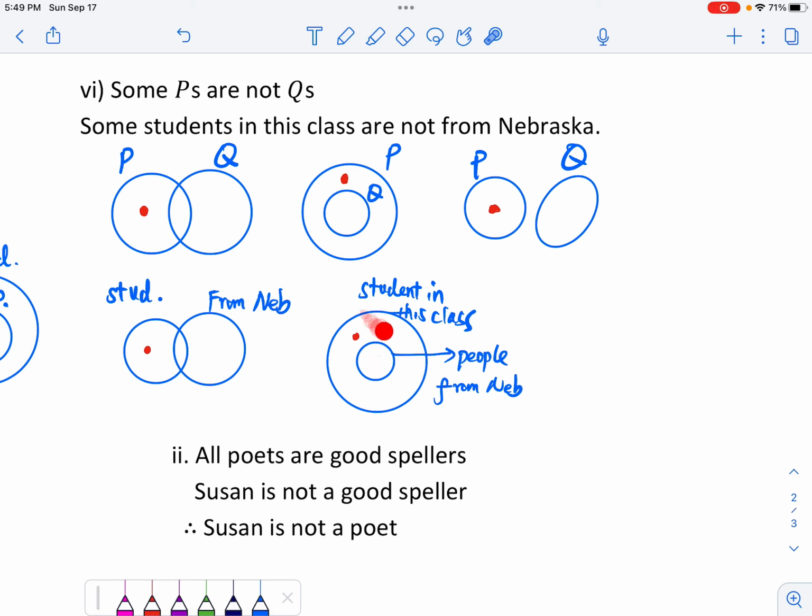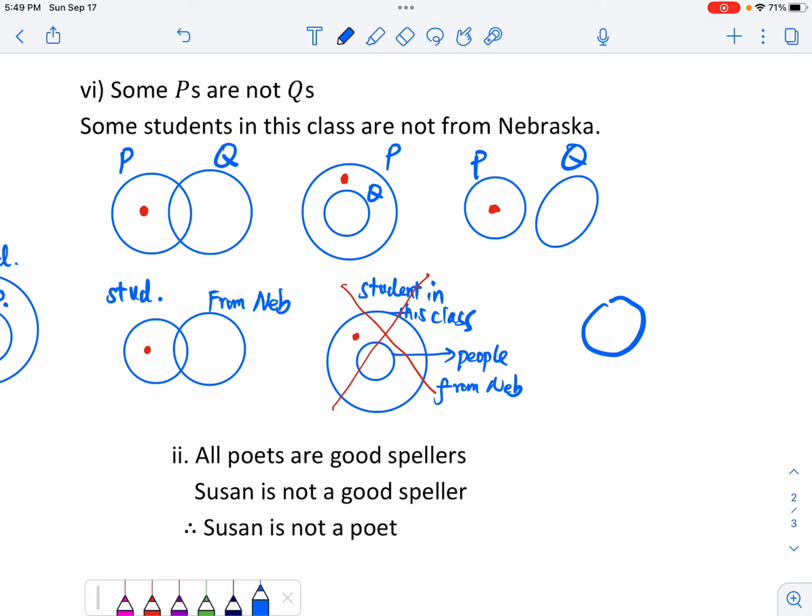So I don't think this is applicable in this particular scenario. This graph is not appropriate in this situation, because all people in Nebraska will not be contained in the set of students in this class. That's just not applicable.